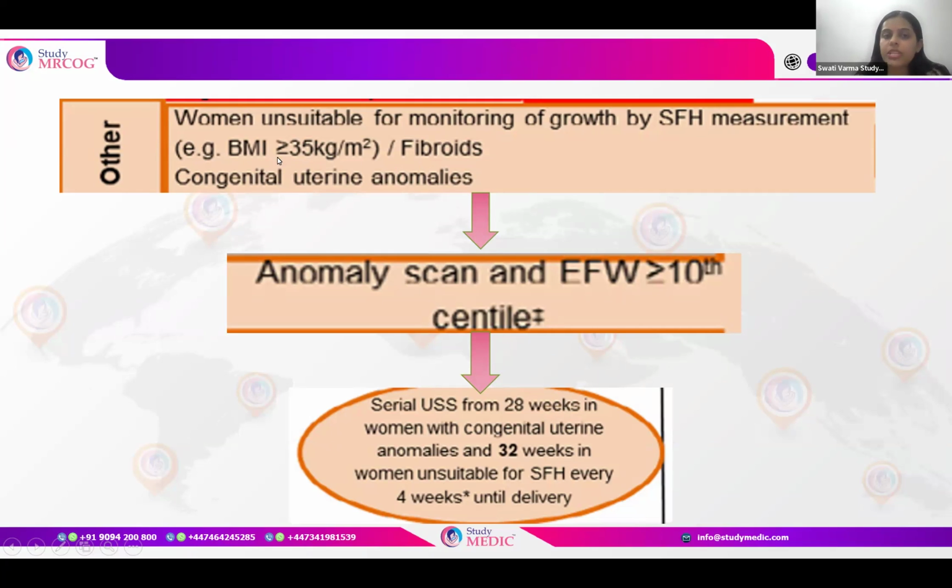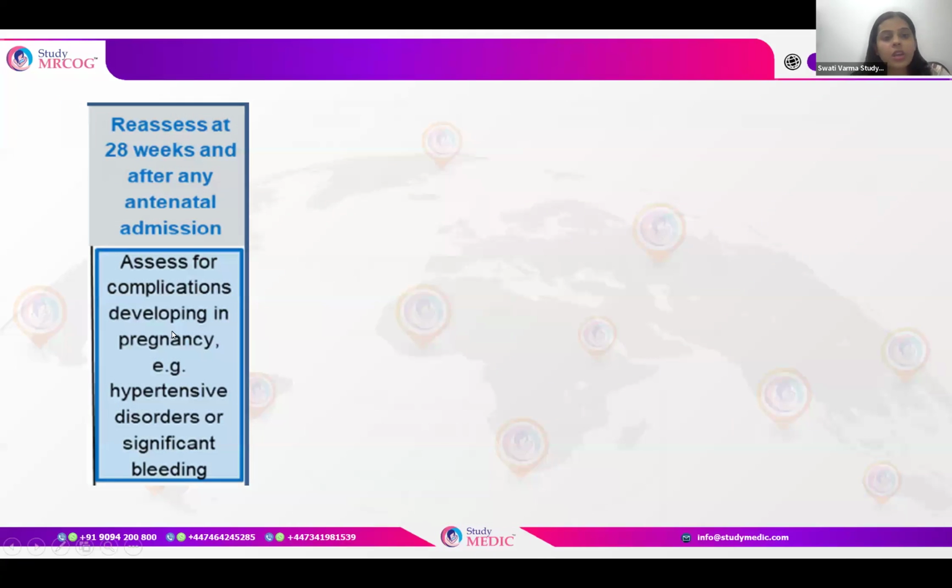And in women with fibroids and high BMI, those who are not suitable for SFH, of course, you have to carry out serial ultrasound scanning. In those with BMI high or fibroids from 32 weeks, in those with congenital uterine anomalies from 28 weeks. So this thing you have to follow routinely.